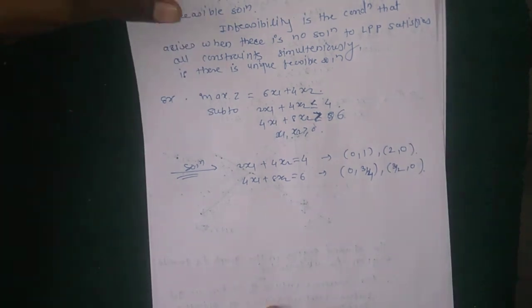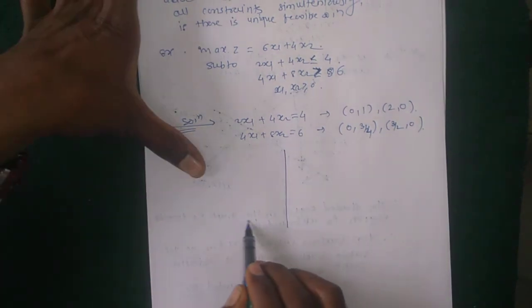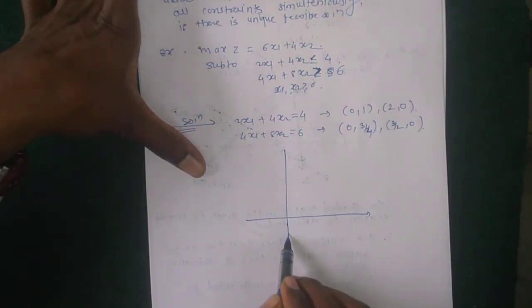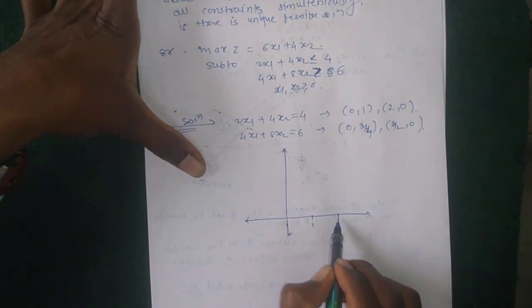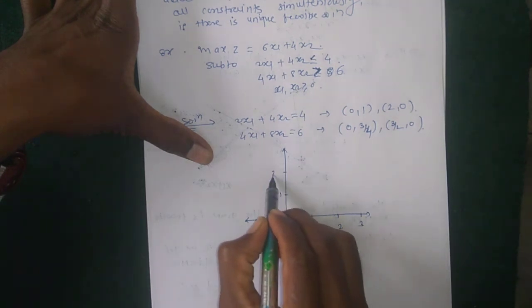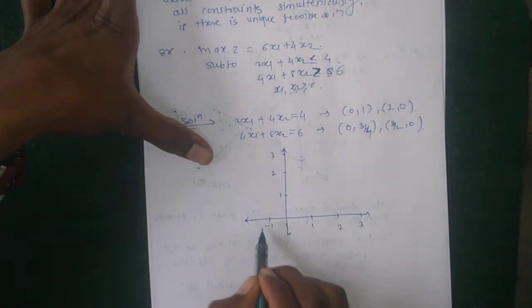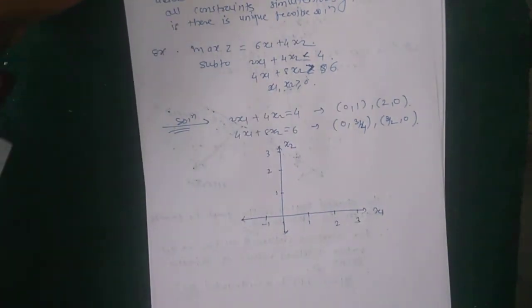So plotting the graph, this is 1, this is 2, this is 3, and so on. This is the x1 axis and this is the x2 axis.